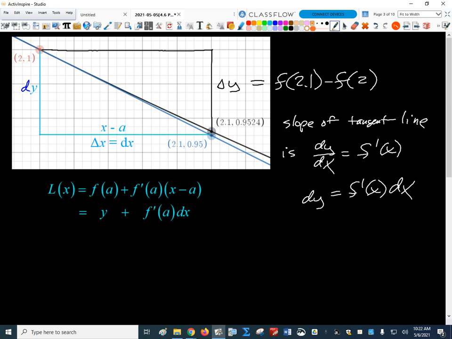That's all we care about with the differential, is how much did the function change when we move the x value from there to there. What's the approximate change in the function, dy? We don't really care about what the actual value is, just how much it was tweaked, okay?